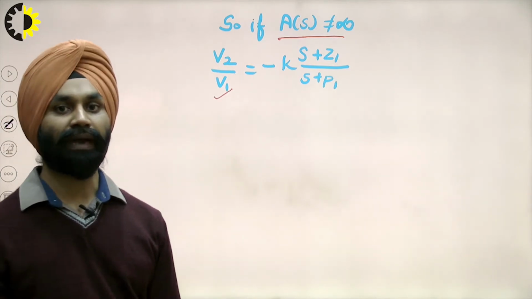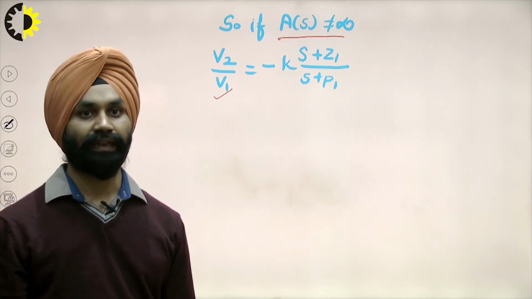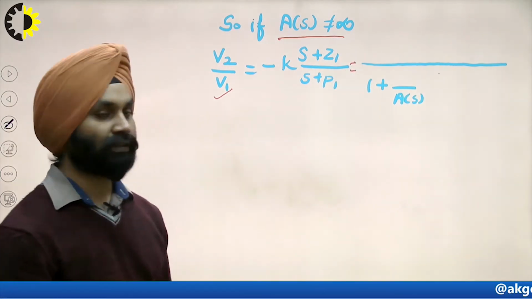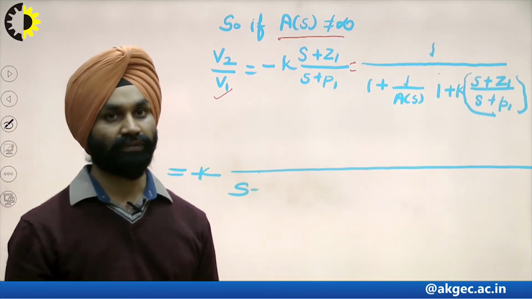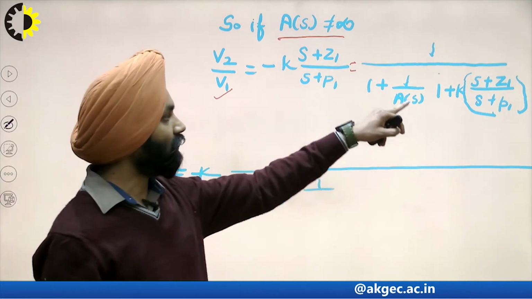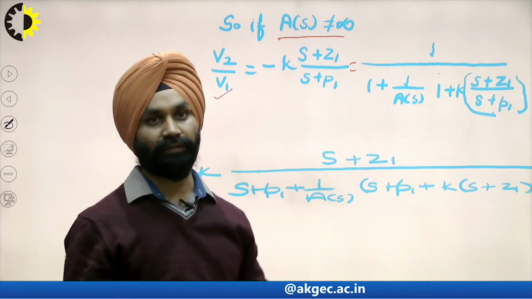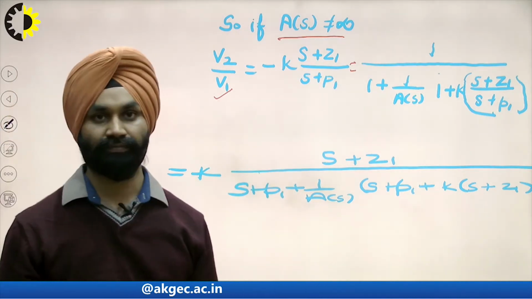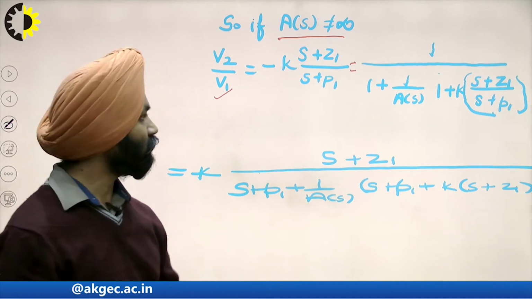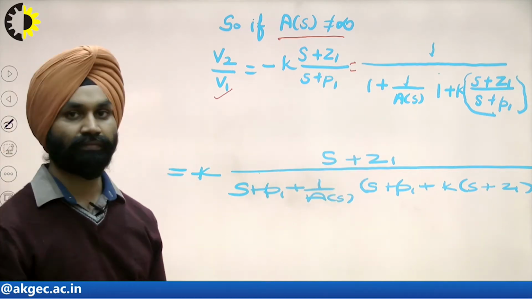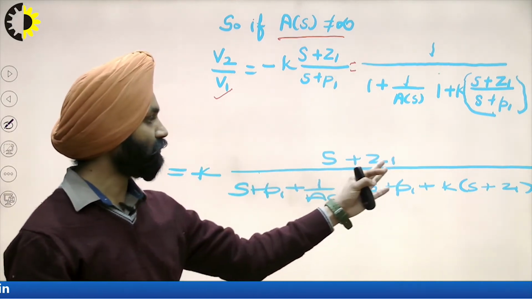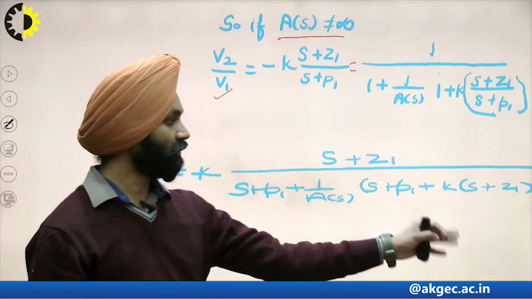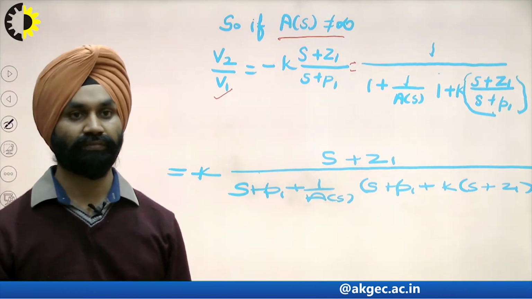If it is a bilinear equation, then the previous equation will become this one, 1 plus 1 upon A(s) plus 1 upon K, where we have put the value of Z1 by Z2 as this equation. After solving this we will get this, where we have divided the whole thing by Z2.